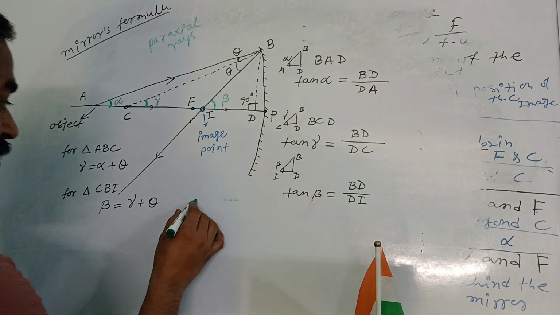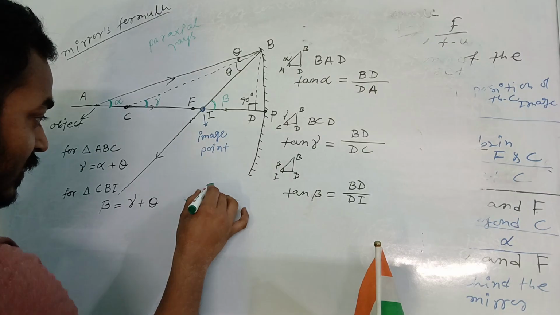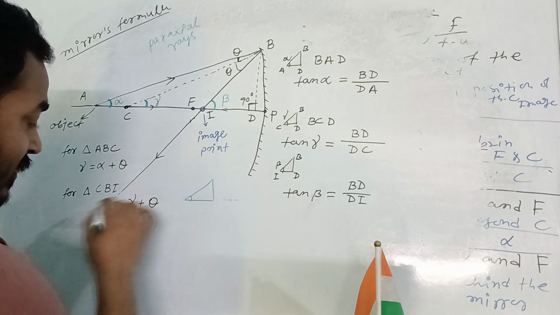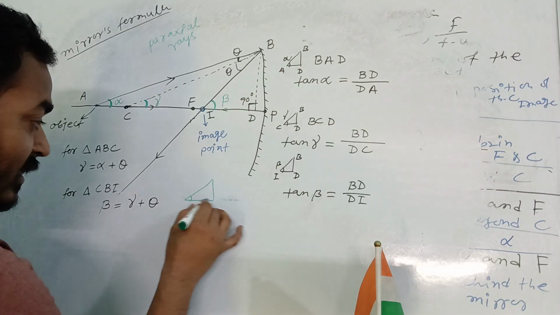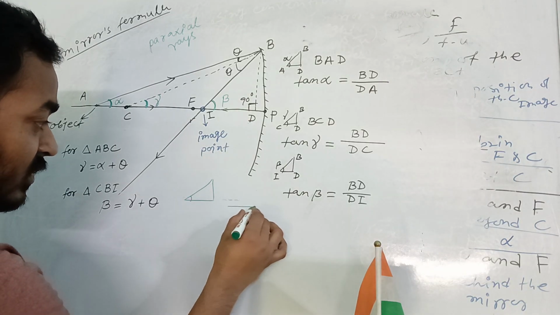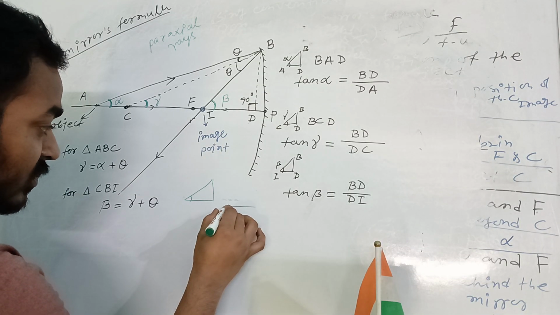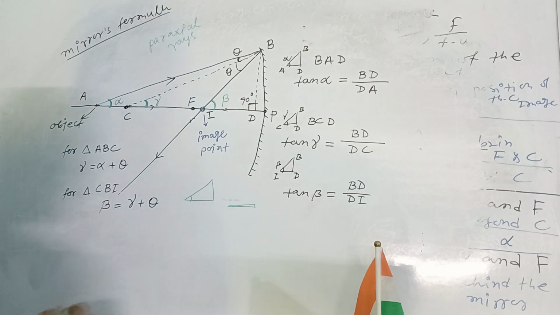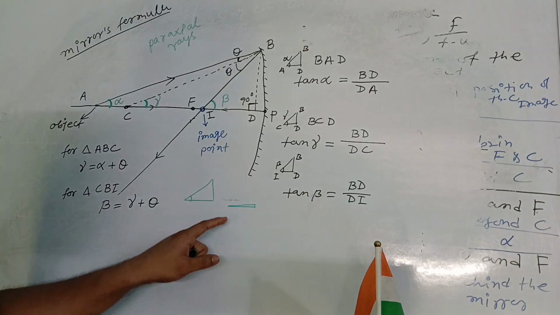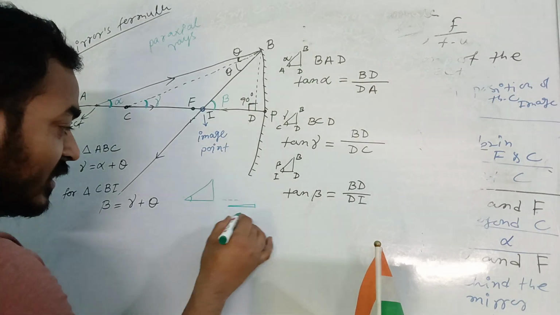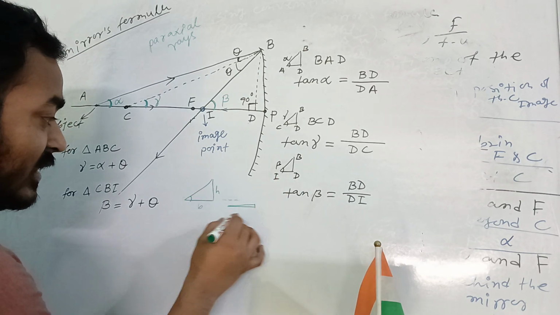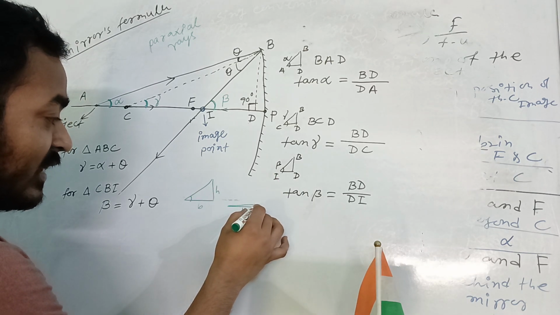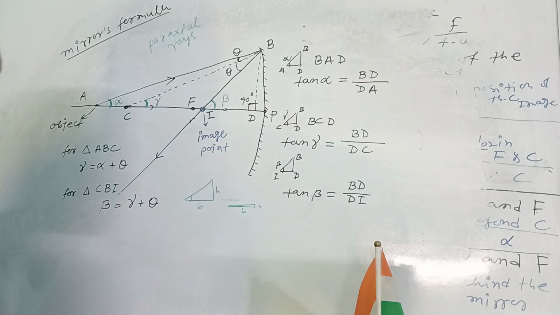So see, I am drawing one triangle with this angle. I am drawing another triangle where the angle is very small. Then you can see the base remains the same, b remains the same, and the height is reduced, very small.